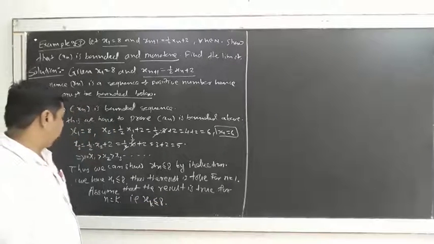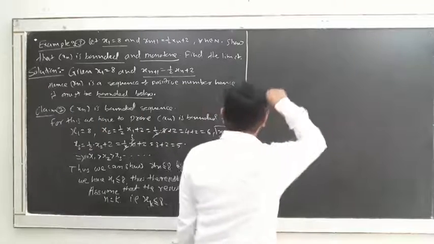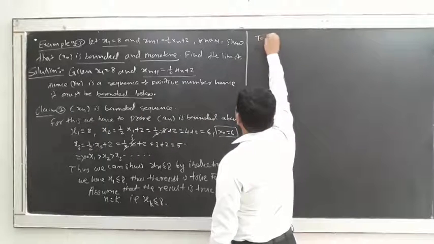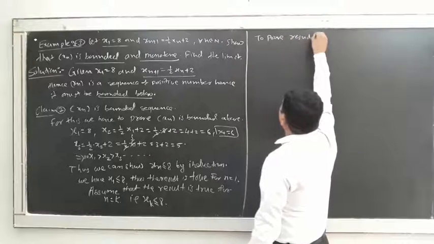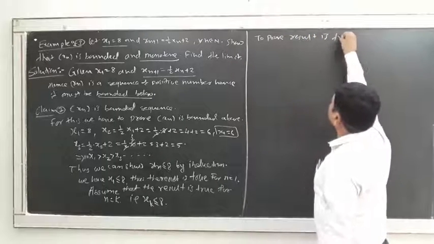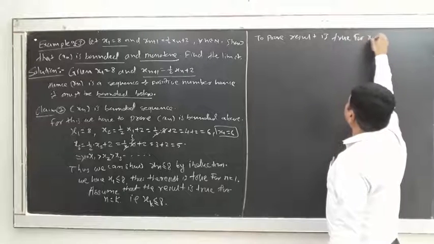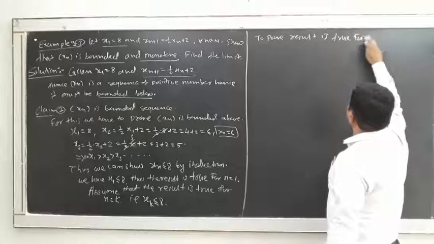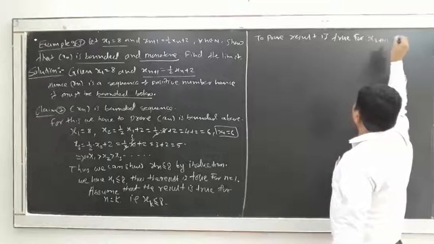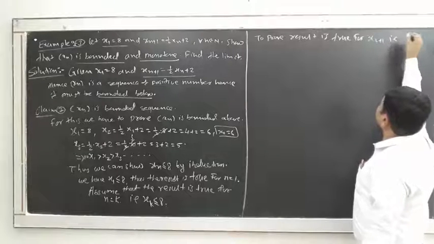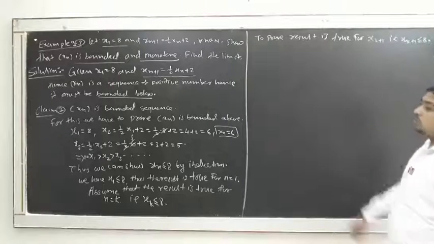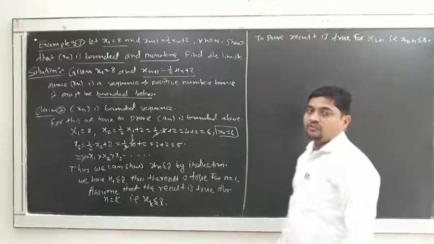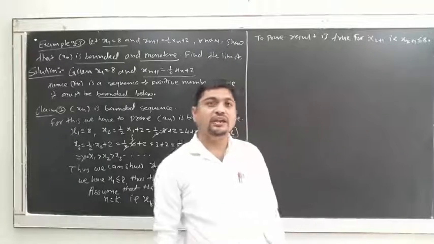Now we have to prove the result is true for xk+1, that is xk+1 is less than or equal to 8.